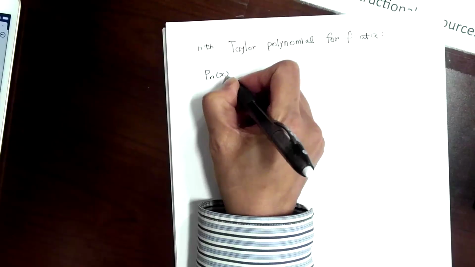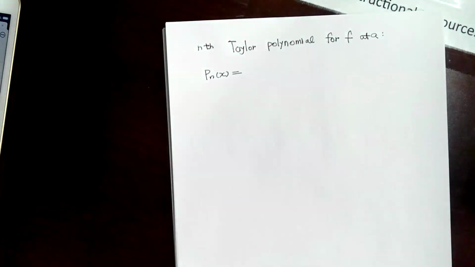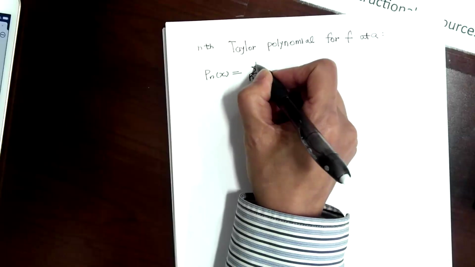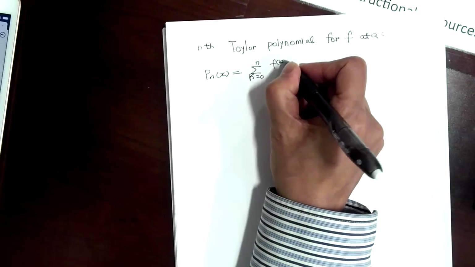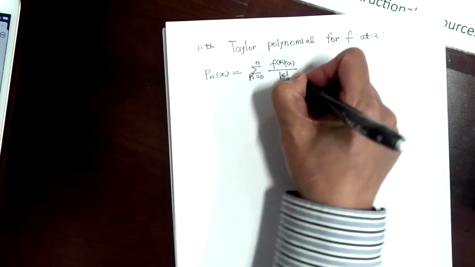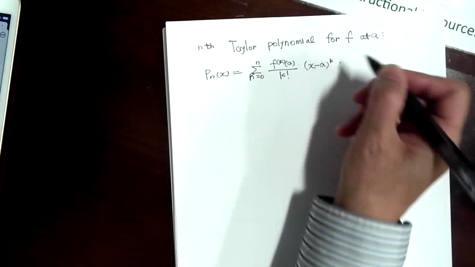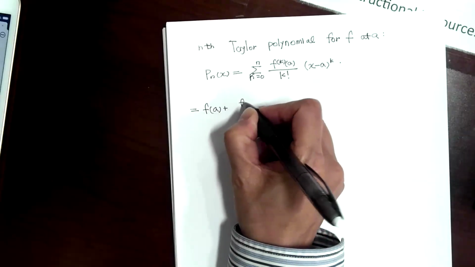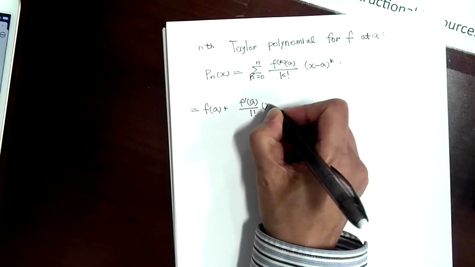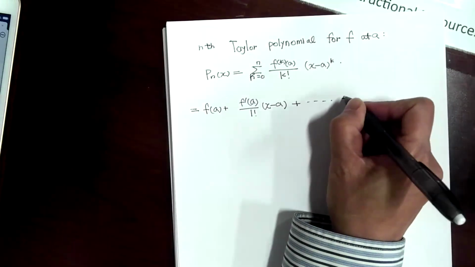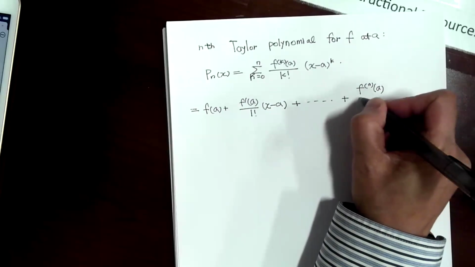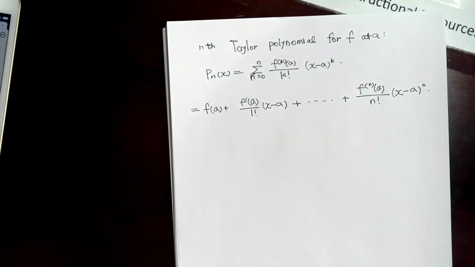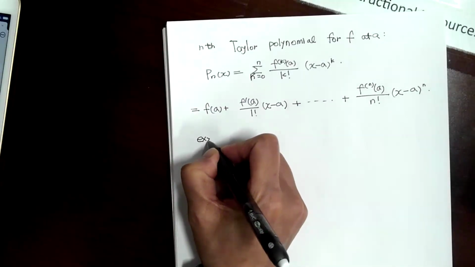That's just the first n terms of the infinite series when a function is infinitely many times differentiable. Let's continue with an example.